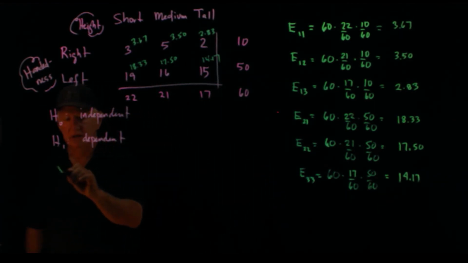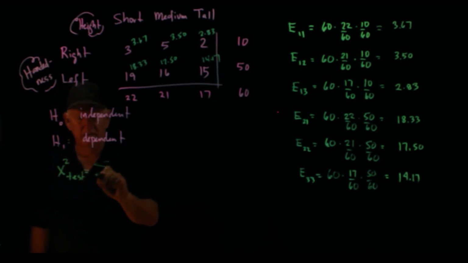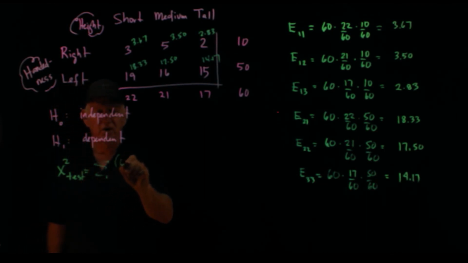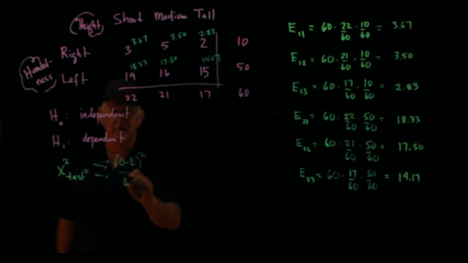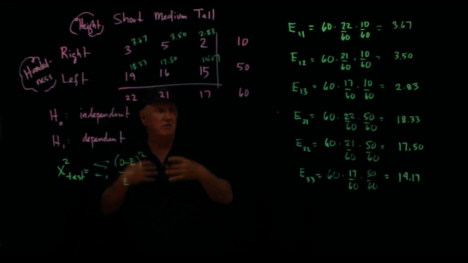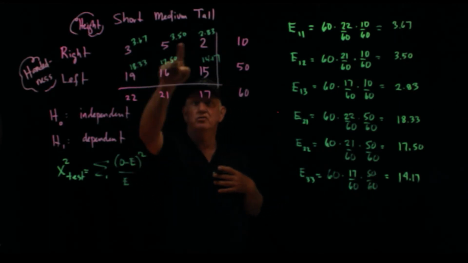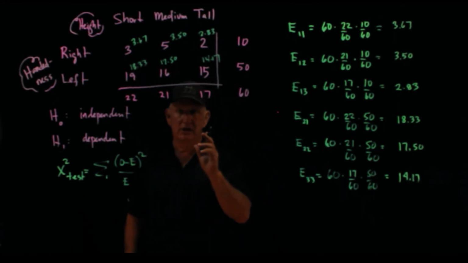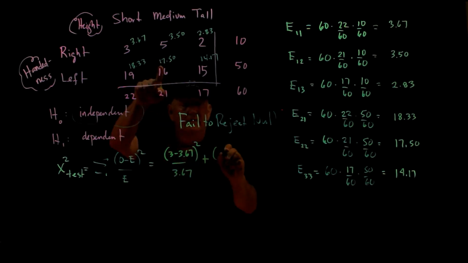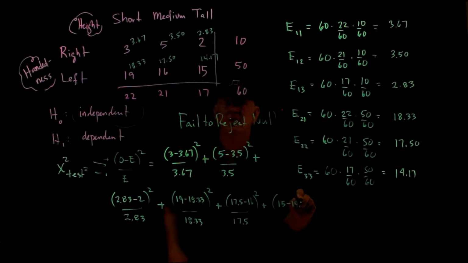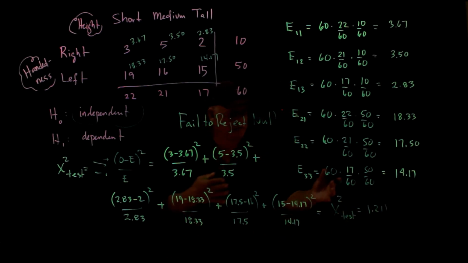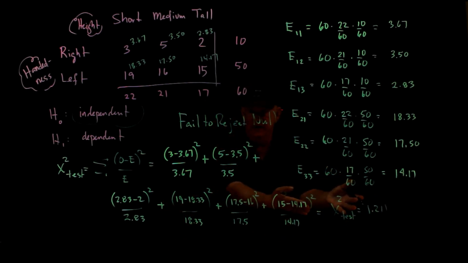Chi-squared is equal to the sum of all of the O minus the corresponding E value squared divided by E. So if I'm going to do that by hand, I've got to do these 6 calculations. Let me go into hyperspace. So there's the chi-squared test value.